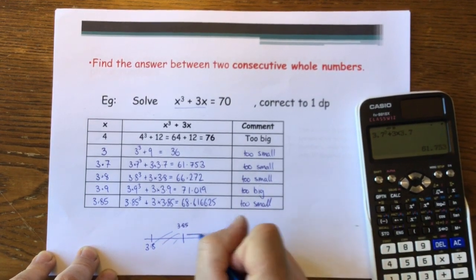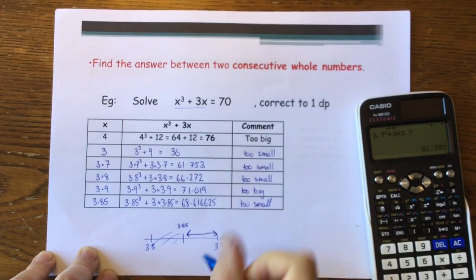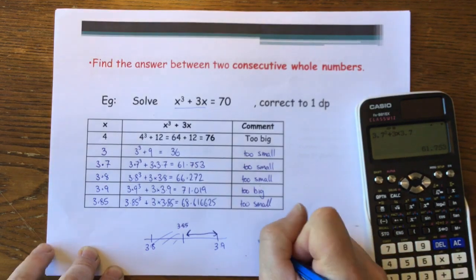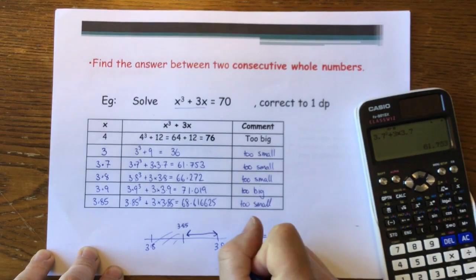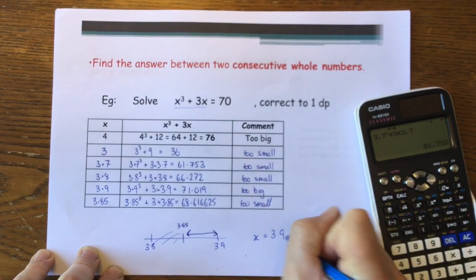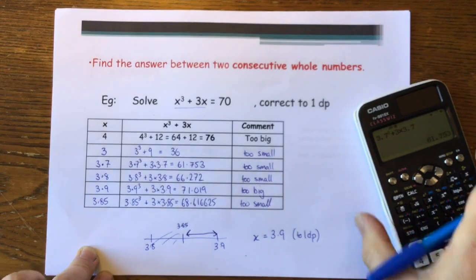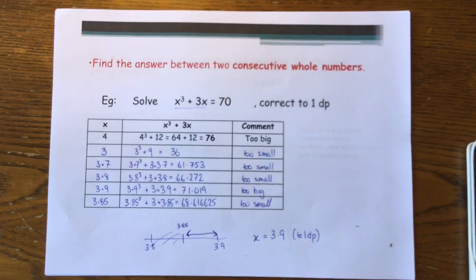This is no use to me. The answer's somewhere in this region. 3.85 is too small, 3.9 is too big. But if I'm giving my answer to one decimal place, the answer is going to be closer to 3.9 than 3.8. And so we've given an approximate answer. It's a pretty good approximation to this question.